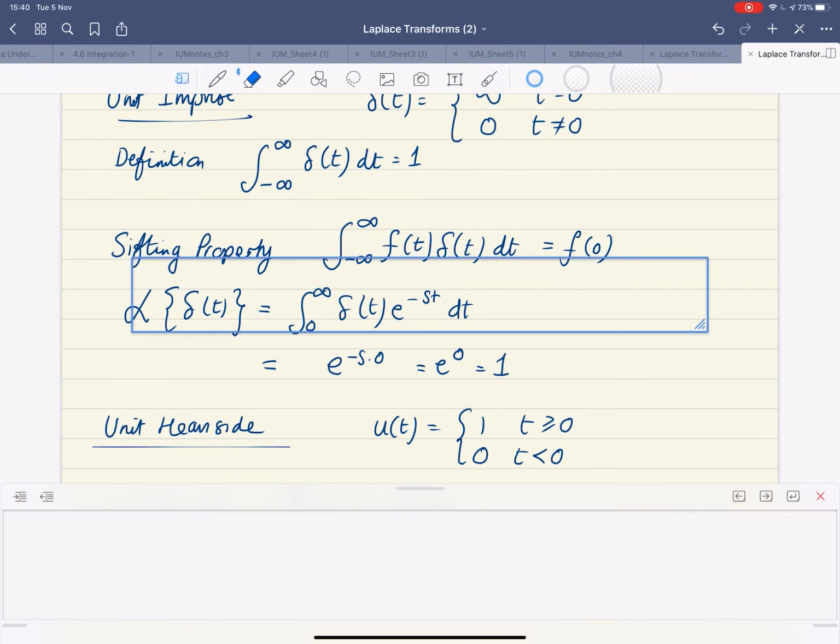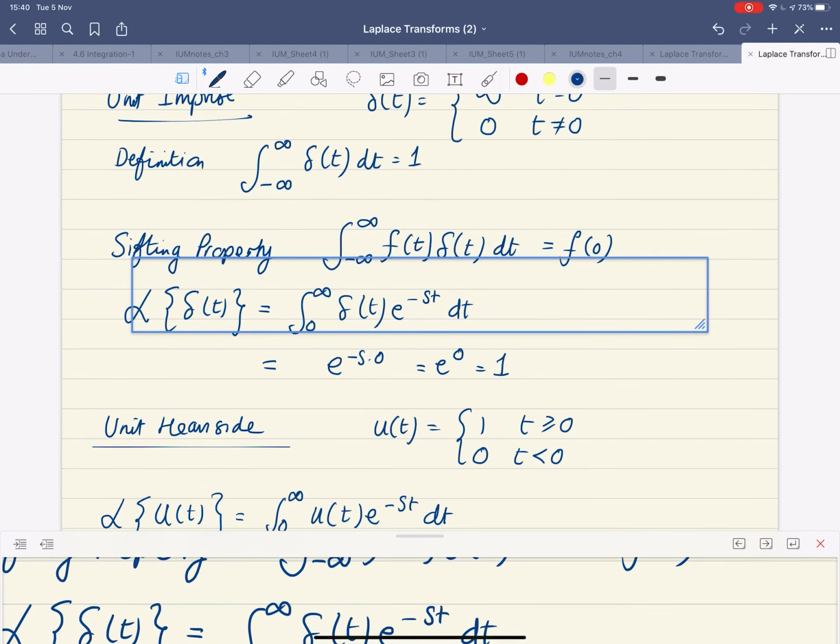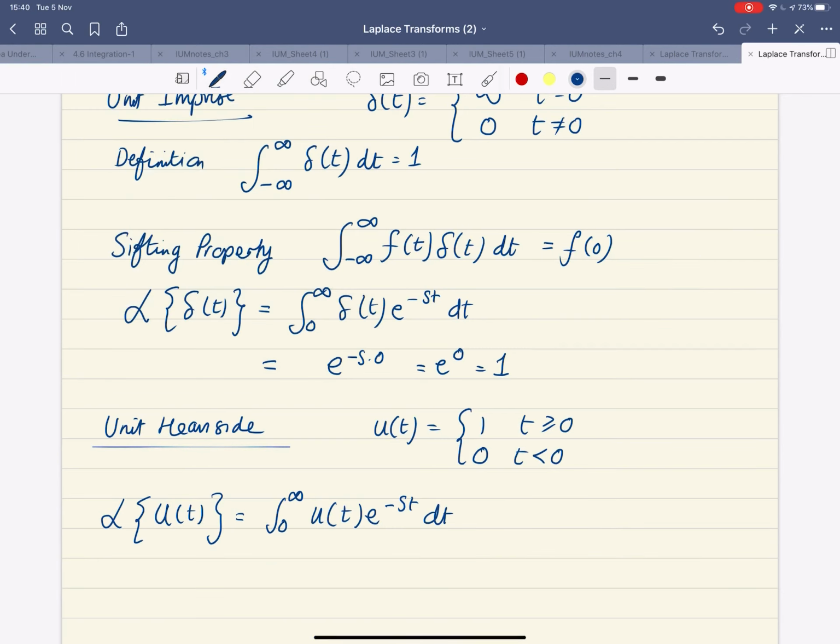This is equal to the integral from 0 to infinity. u of t is always 1, so that's e to the minus st dt.